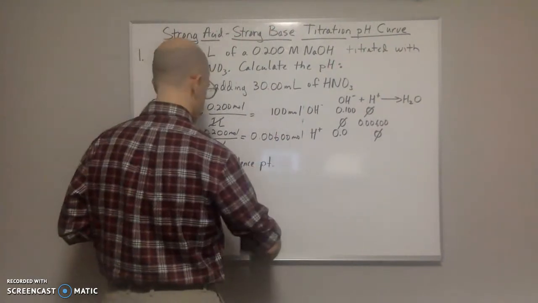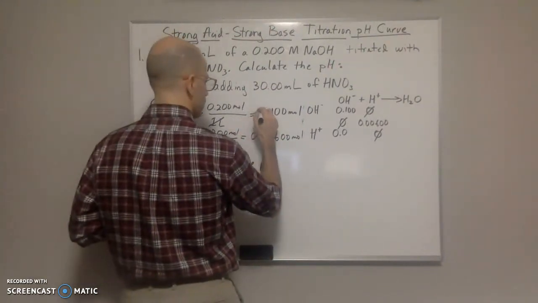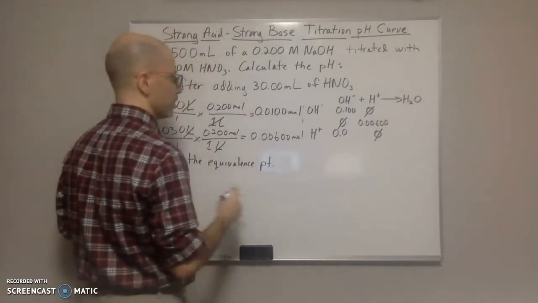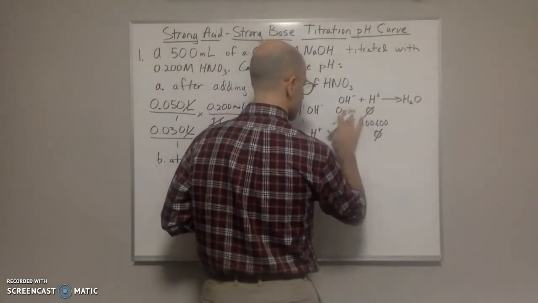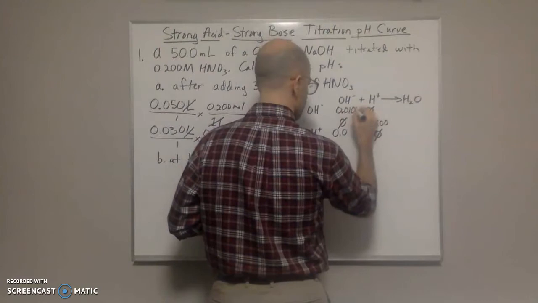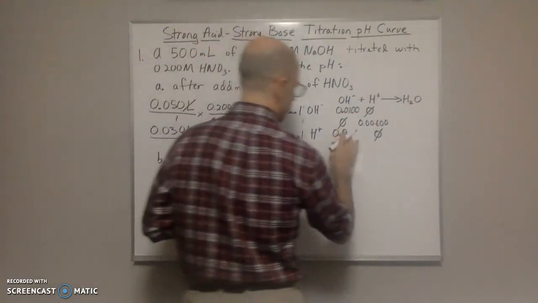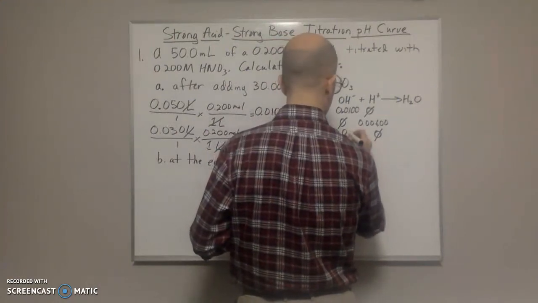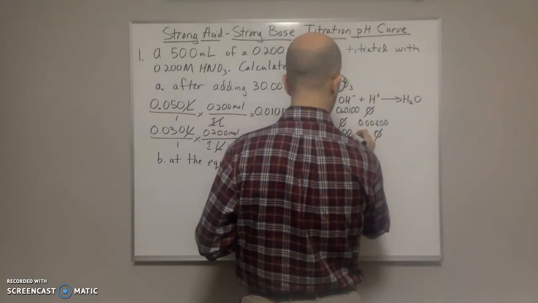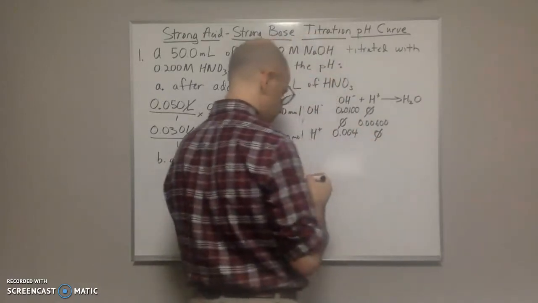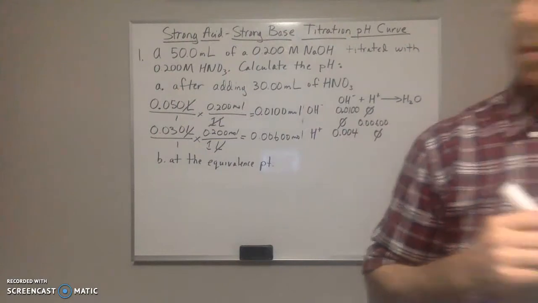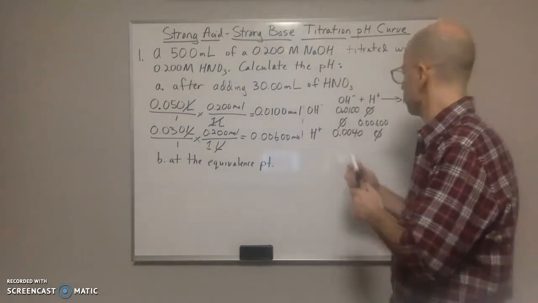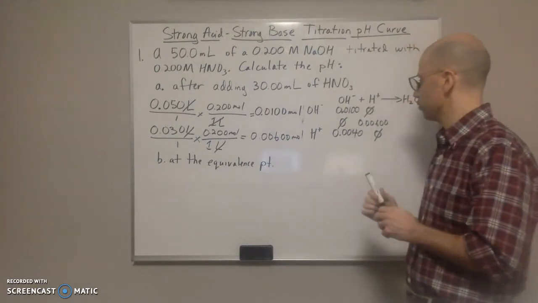This should be 0.0100, and so that's going to change this to 0.100, and then this is going to be 0.004. I forgot the 0 moles. So this is the number of moles that we have left of hydroxide ion.